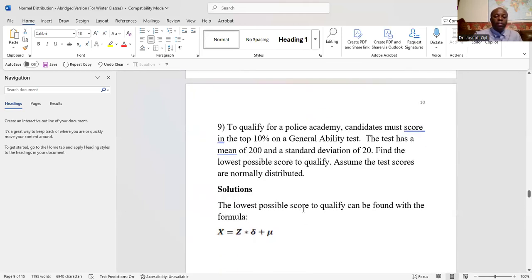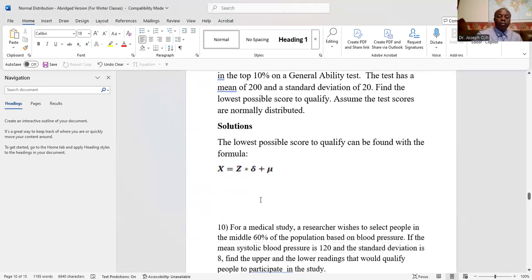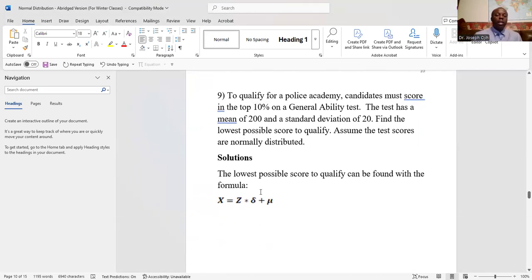The first example is here already. It says, to qualify for a police academy, candidates must score in the top 10% on a general ability test. The test has a mean of 200 and a standard deviation of 20.